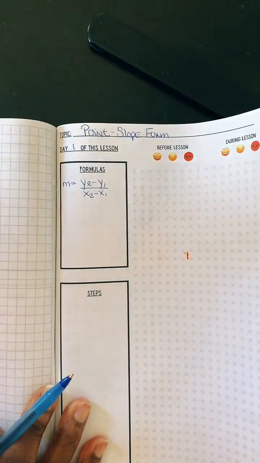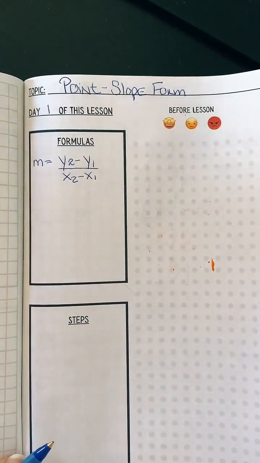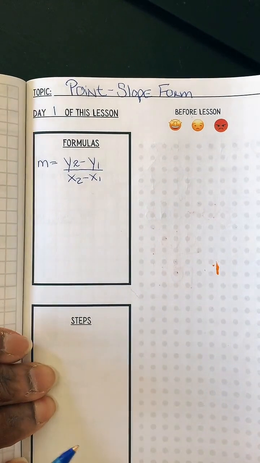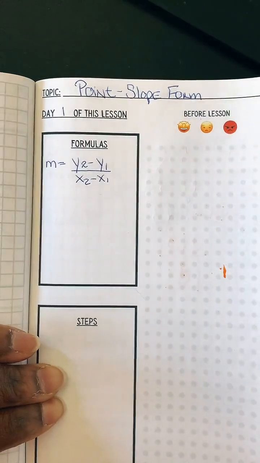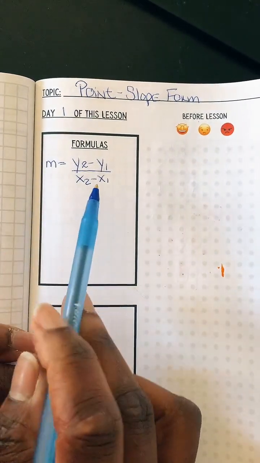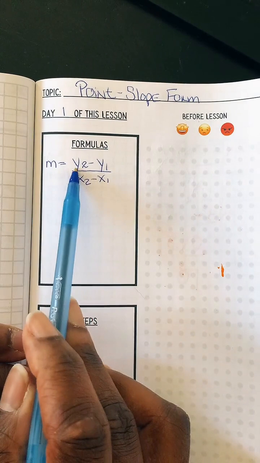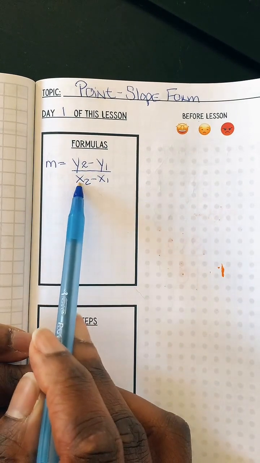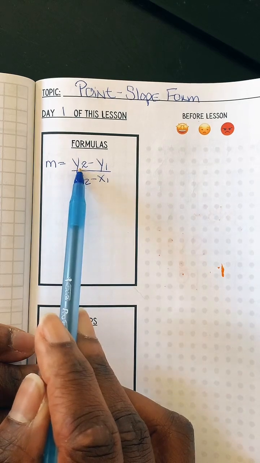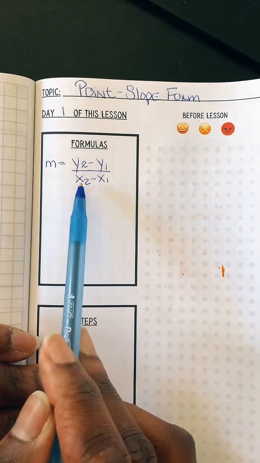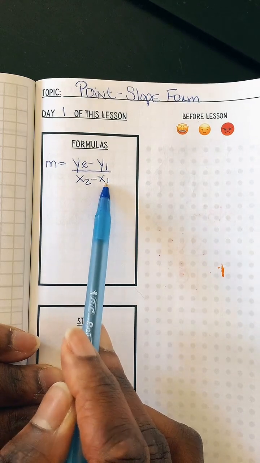So, if anything, let me tell you where the equation for point slope came from. So we all know about the equation for slope. So we have the change of our y's over the change of our x's. So we know if we go by the whole y2 minus y1 over x2 minus x1.